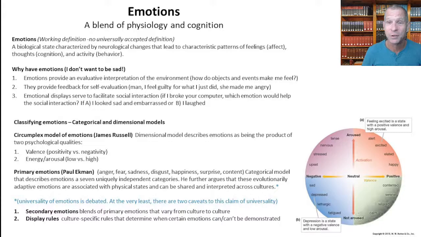These neurological changes affect the way we feel, our affect. They affect the way we think and the thoughts we have, our cognition, and they affect the way we behave. So emotions are a biological state characterized by a pattern of neurological activity that affects the way we think, the way we feel, and the way we behave.